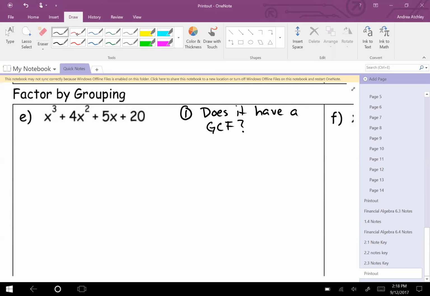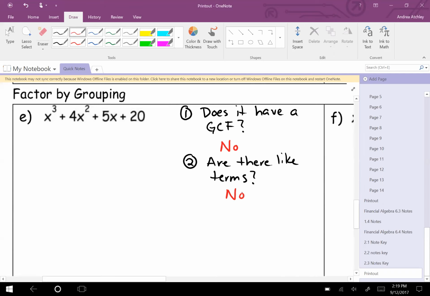Nope. Okay. Then our second thing to look for is, are there like terms? In this polynomial, is there any like terms? No.